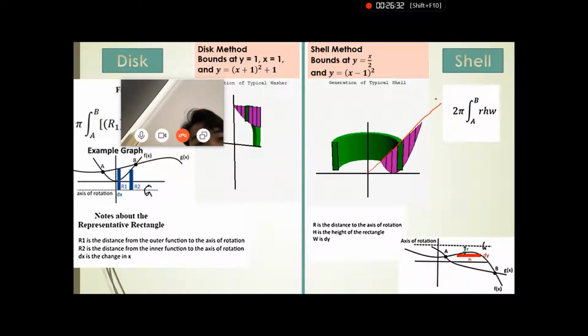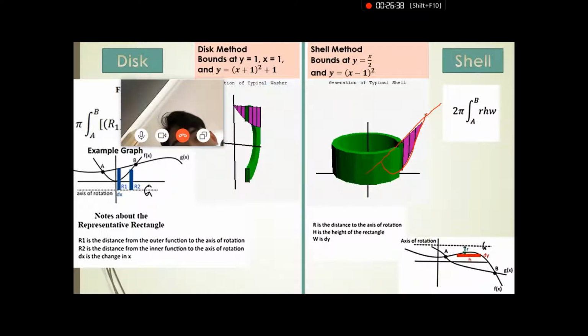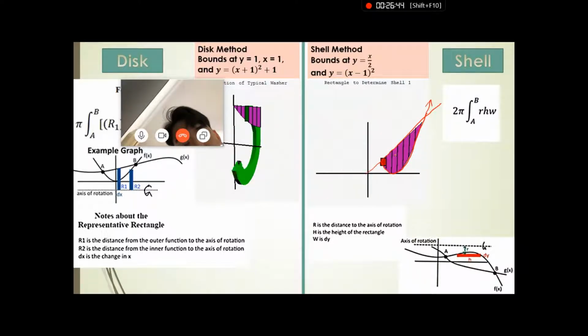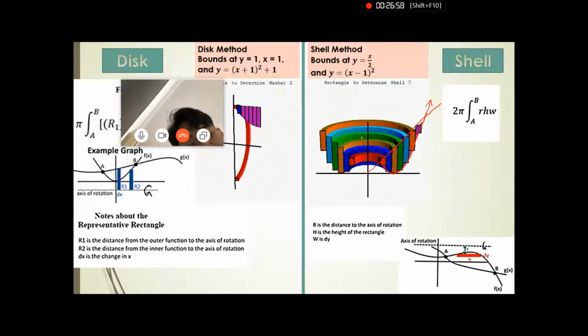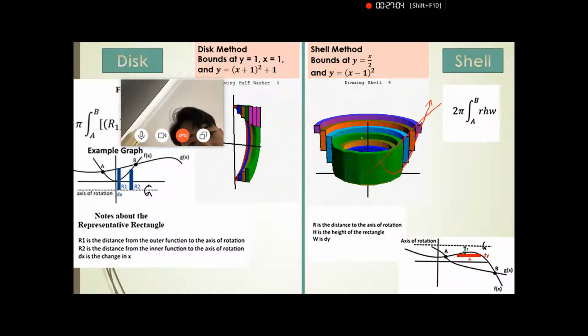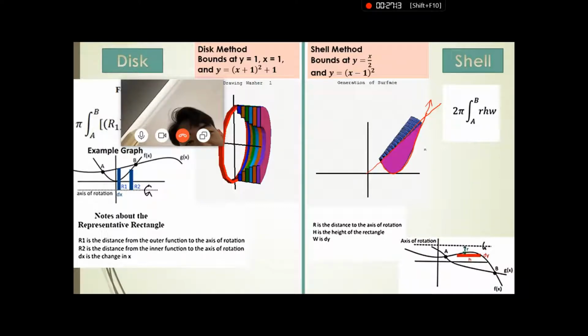And then our bottom line, y equals x minus 1 squared, which is this function here. So what we're doing is we're taking the difference between those two lines to create a height, our dx to create a width, and then our distance to the axis of rotation, our distance to 0, to create a bunch of cylinders. And if we stack infinitely many of those cylinders together, we'll end up with a 3D shape. Okay, do you understand what's going on? Okay, so we'll see if we can build one with the AP question then.